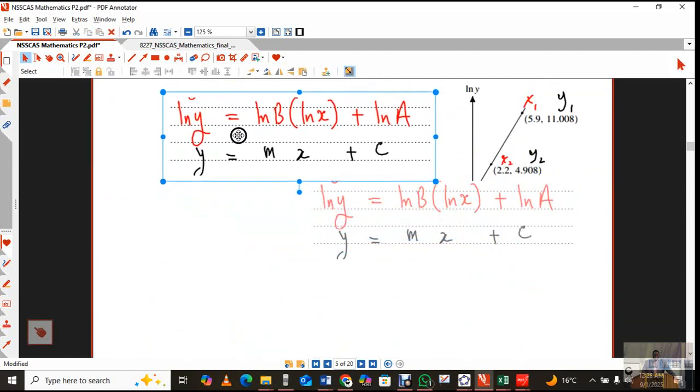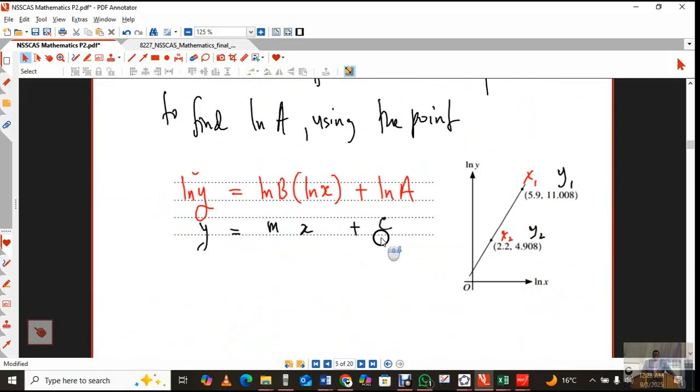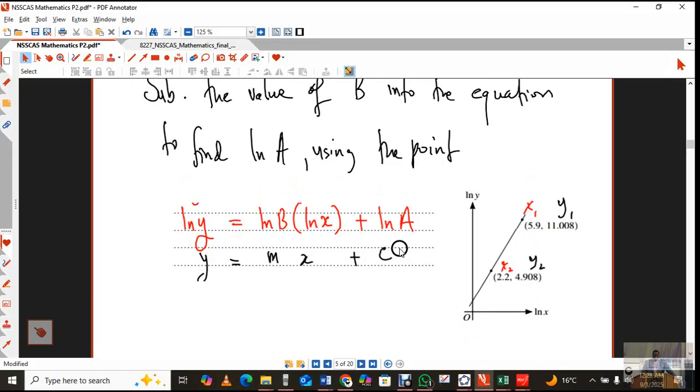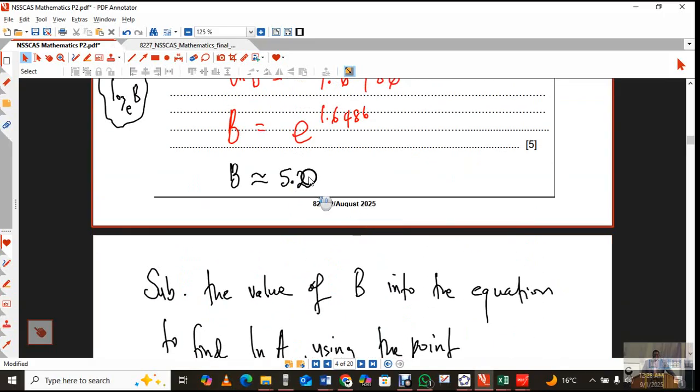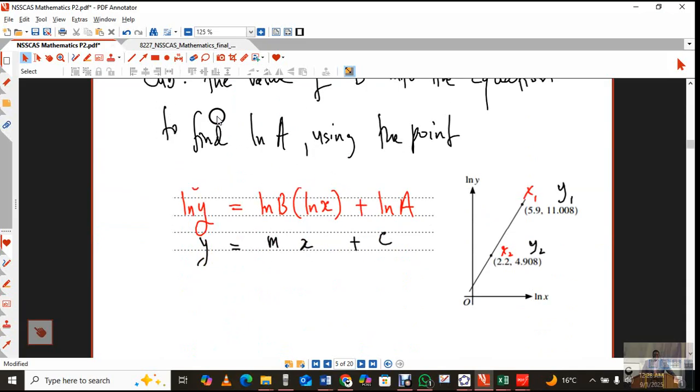What else do I need? Well, I know what the point is, and I know what the value of the natural log of b is. So it's this value that I'm going to replace, not just the b value, but the natural log of b.